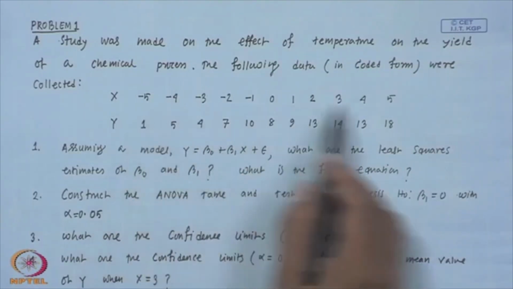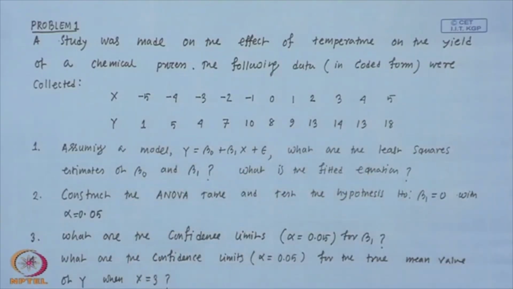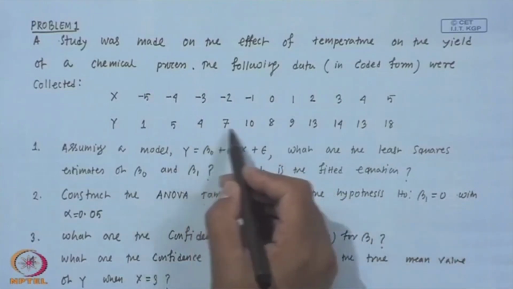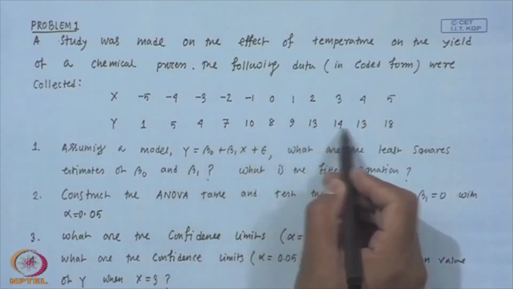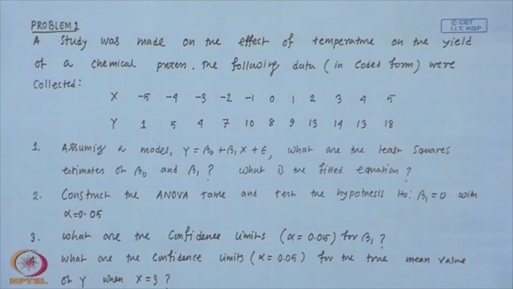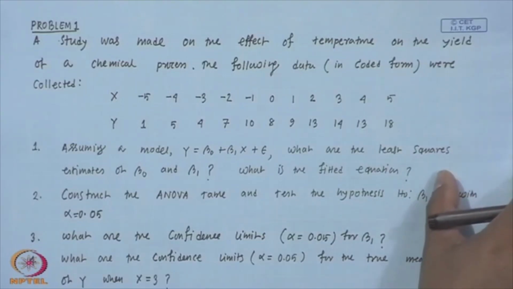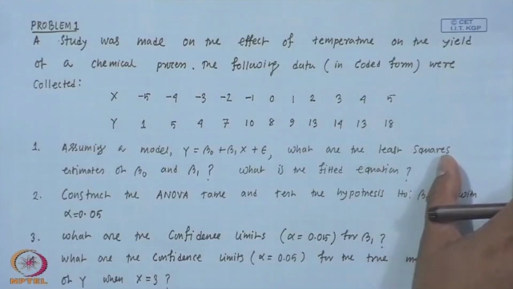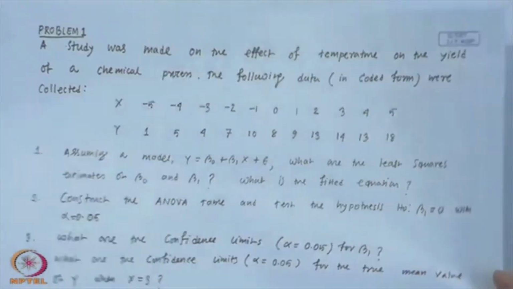So, we are given these observations x I, y I for I equal to 1 to 11, and first we will be fitting a simple linear regression model using the least square technique. Okay.